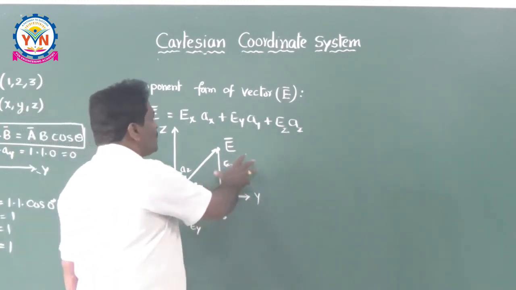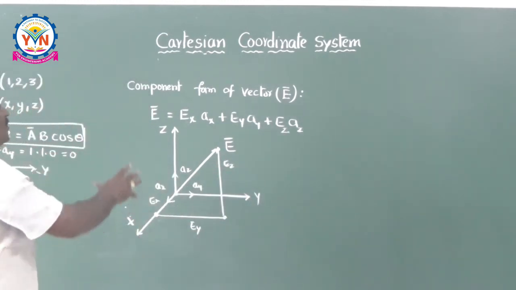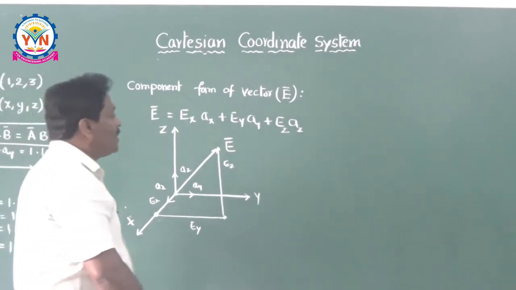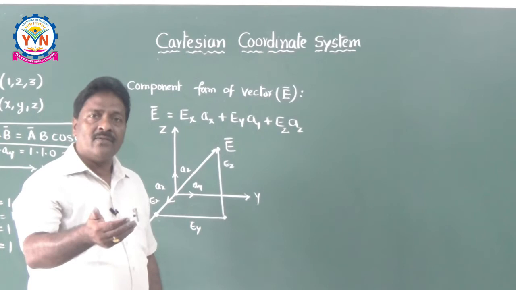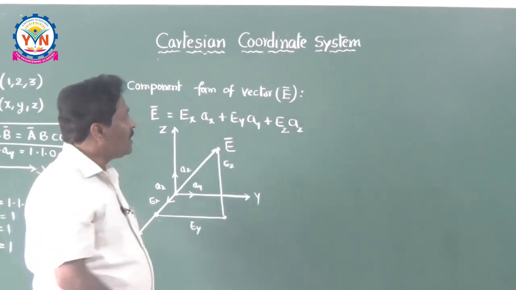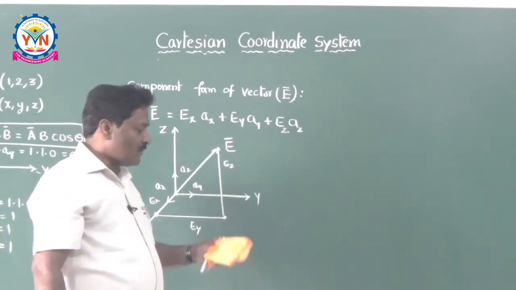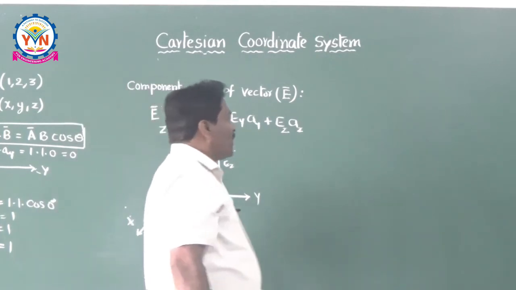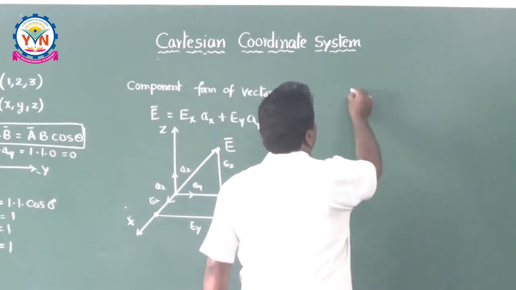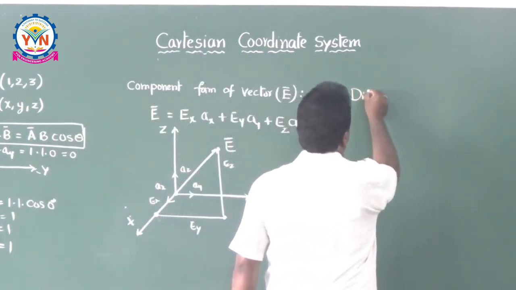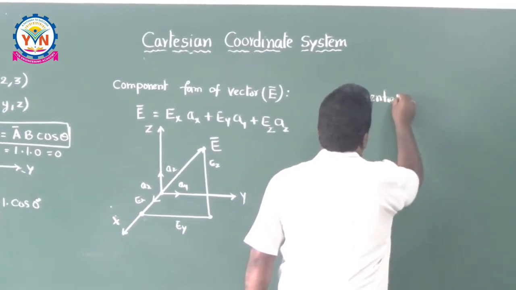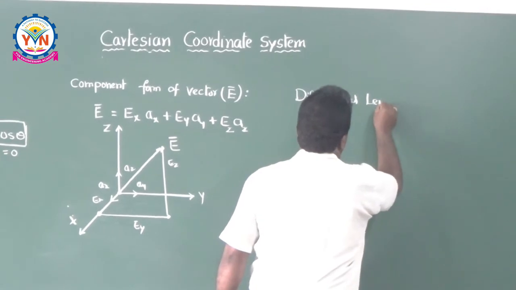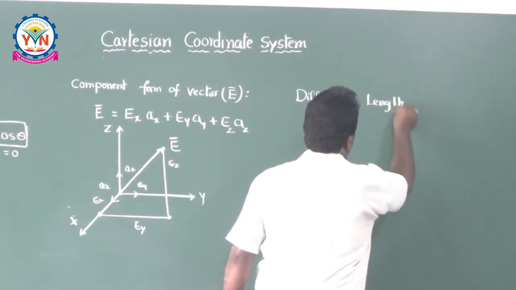Once you know this, now I would like to explain what is the differential length, what is the differential surface, and what is the differential volume in the Cartesian coordinate system. So, first of all, differential length. Differential length in a coordinate system is very, very important to do the problems in your potential concepts.